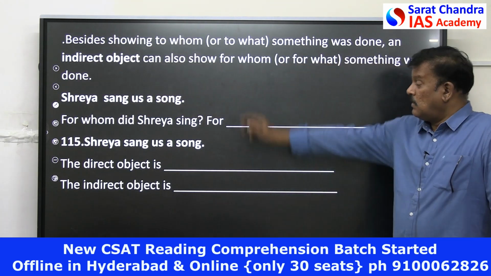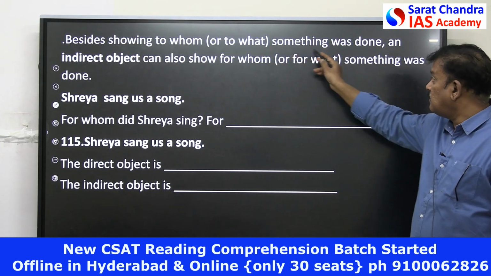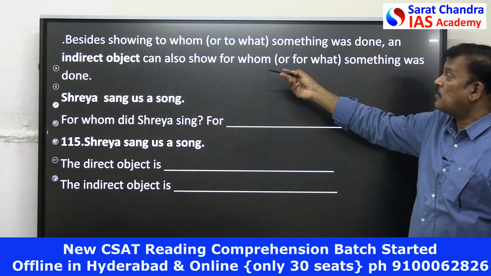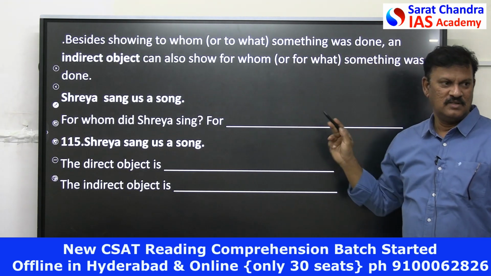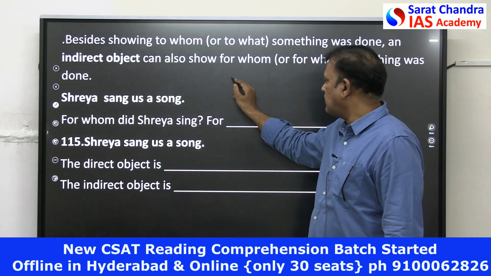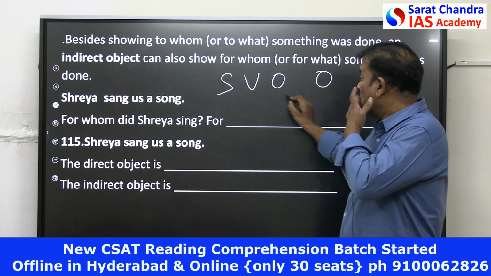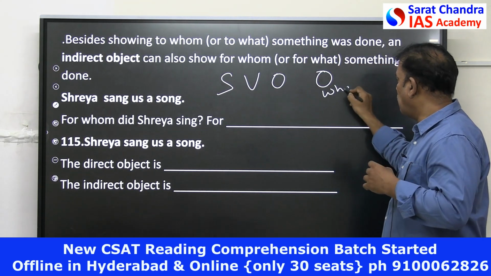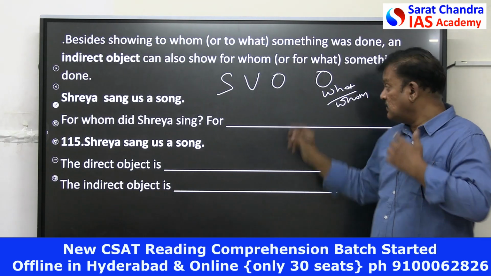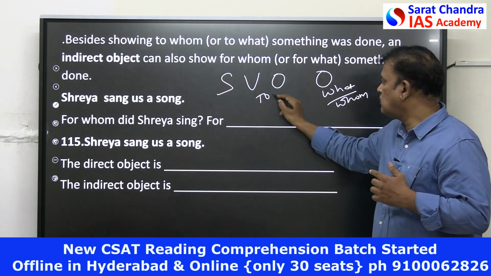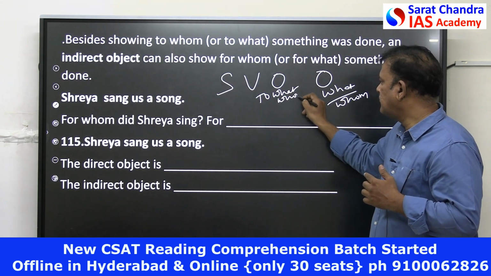Now, besides showing to whom or to what something was done, an indirect object can also show for whom or for what. So, indirect object, we will see this. This is straight what or whom. This is to what or to whom.